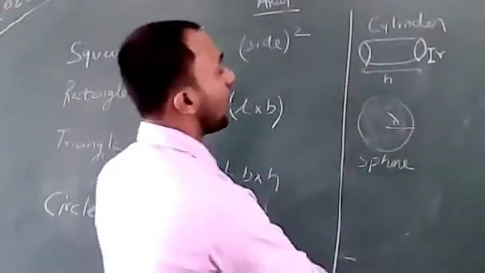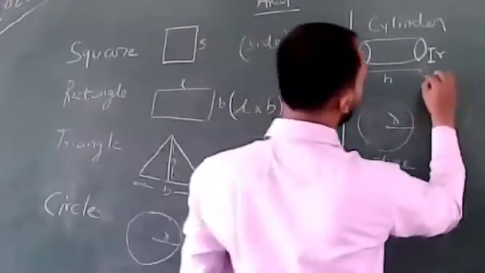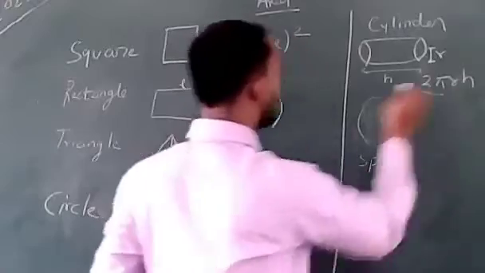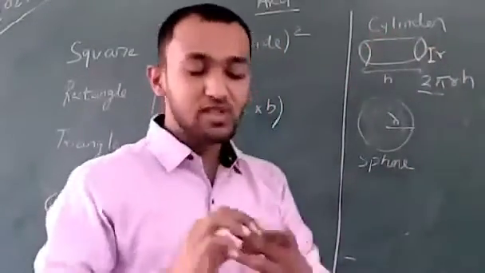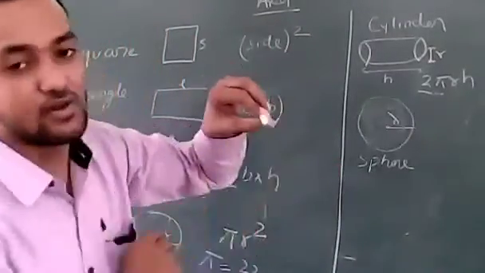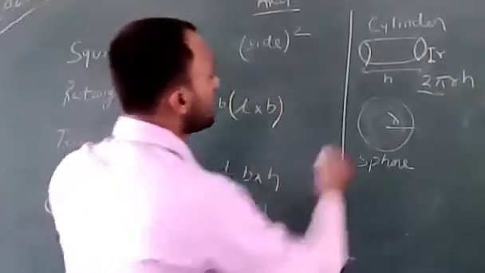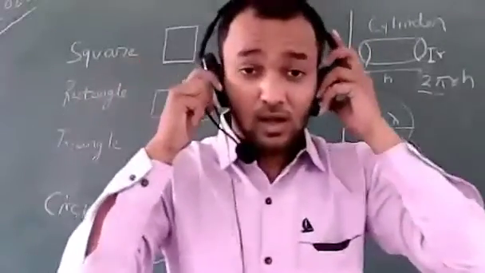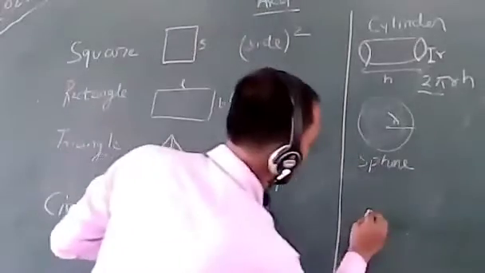The area of cylinder, or you can say the curved surface area or lateral surface area of cylinder, is 2 pi r h. So you know pi is 22/7, and r is the radius of the base of the cylinder. If this chalk is in cylindrical shape, the base of this chalk is in circular shape, or you can say the glass you use at home, that is in circular shape.